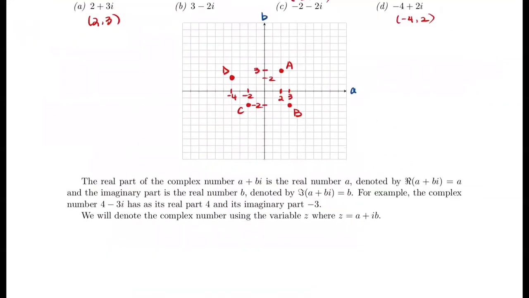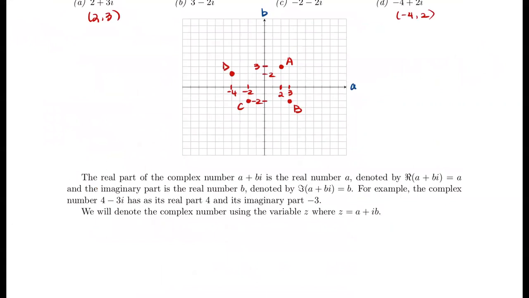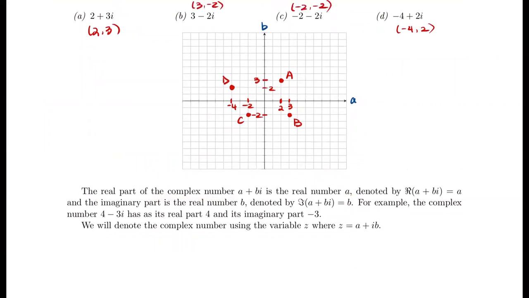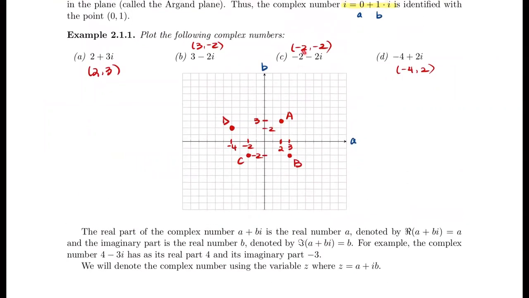So let's have a look. The real part of the complex number a plus bi is the number a. We call the number without the i the real part of the complex number.